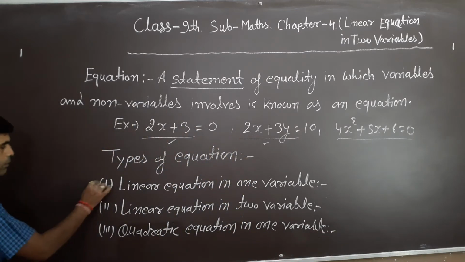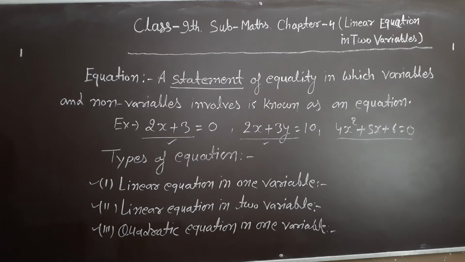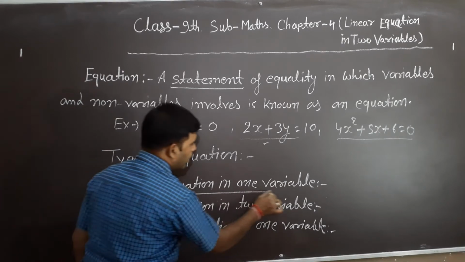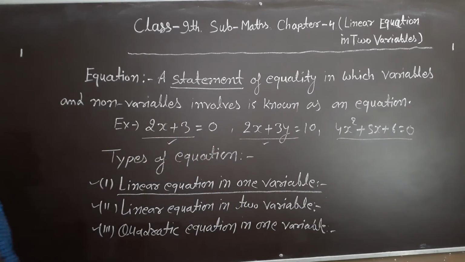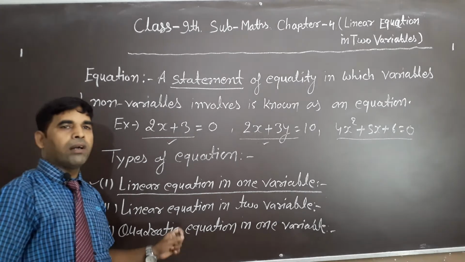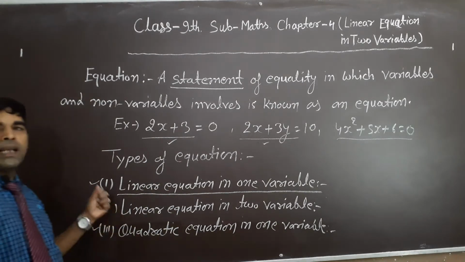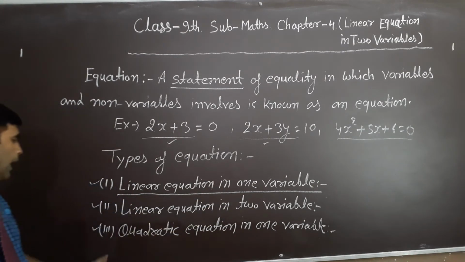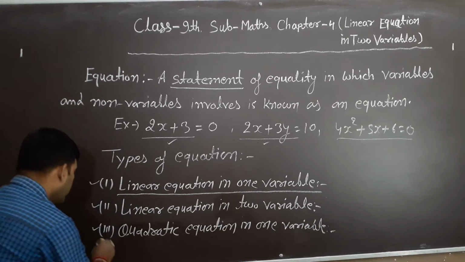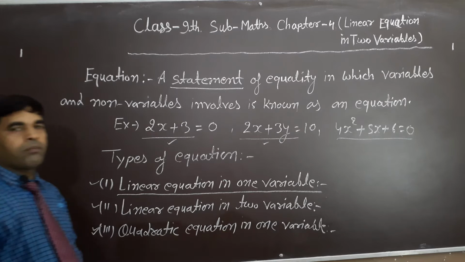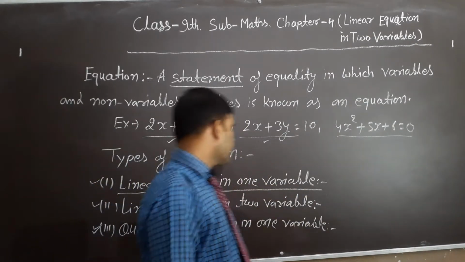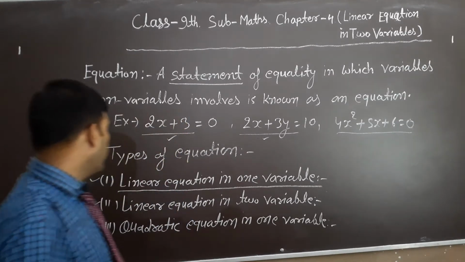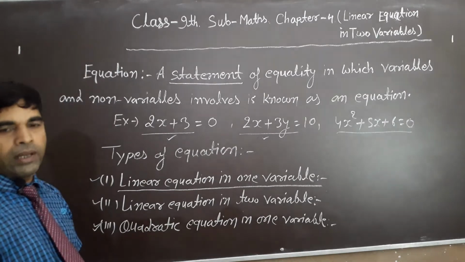There are mainly three types of equation we study in class 9 as well as class 10. The linear equation in one variable you studied in class 6, 7, 8. But now in class 9, we study the linear equation in two variables, and the quadratic equation you study in class 10. So today our focus is on the linear equation in two variables.